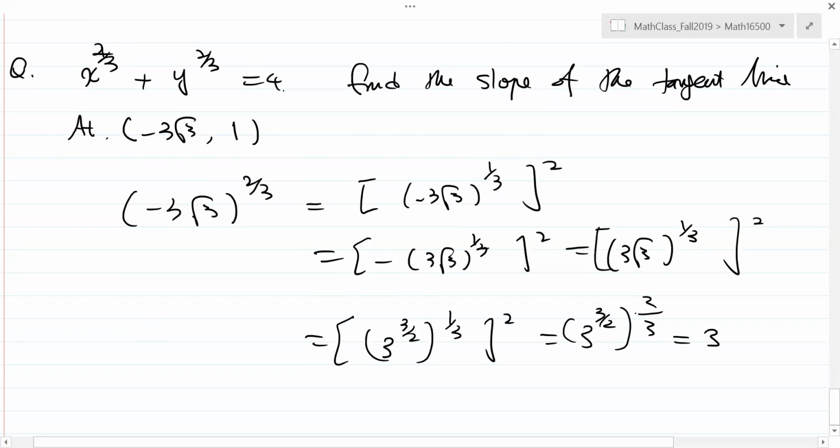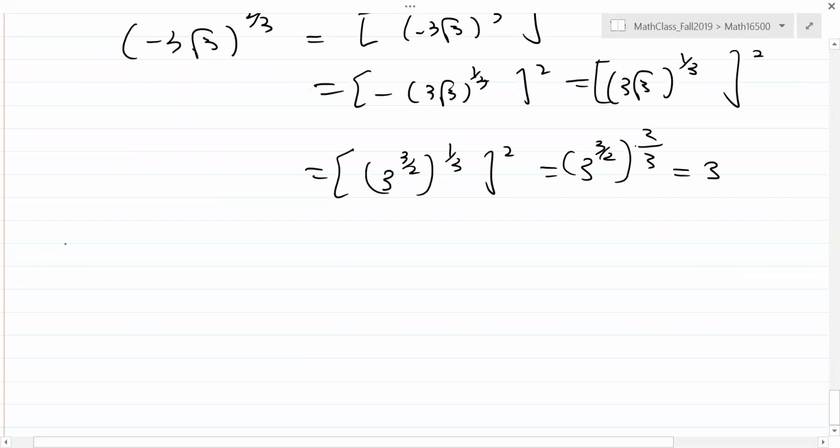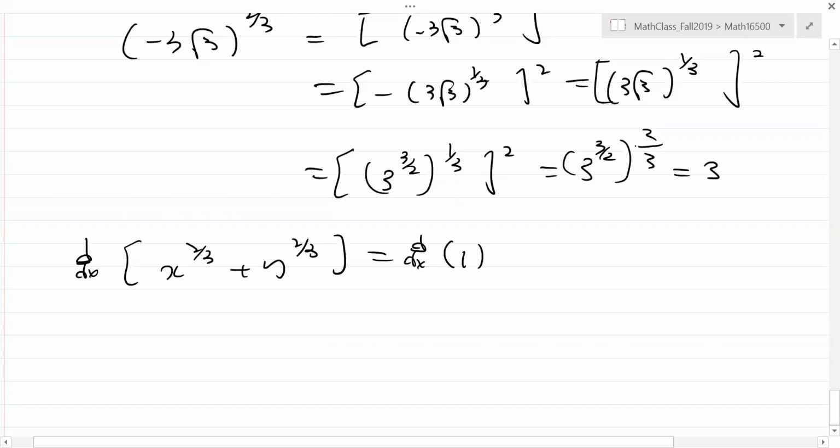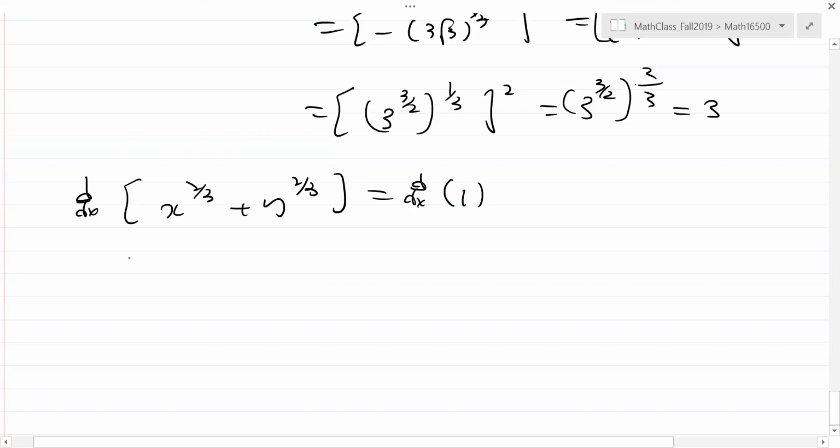I just differentiate both sides. All right, so the first term, you're going to get 2 over 3 x to the negative 1/3.